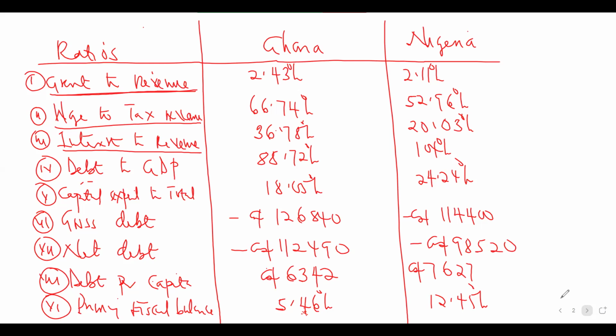Nigeria is generating 2.11% of their revenue from grants and maybe donations or gifts from other people. In terms of attracting the donors, Ghana is doing better than Nigeria, isn't it? Yes, sir.